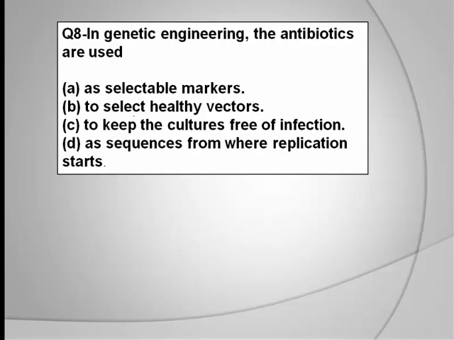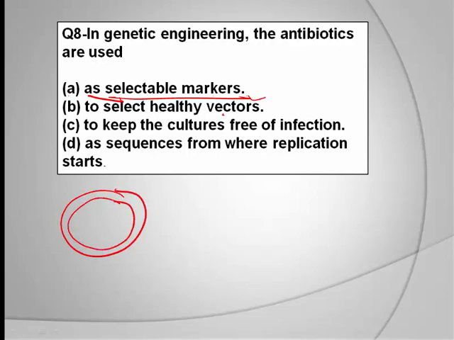So here the answer is they are used as selectable markers. This is the answer. So what is this selectable marker? Again, I would like to go to a plasmid. So here it is the plasmid.